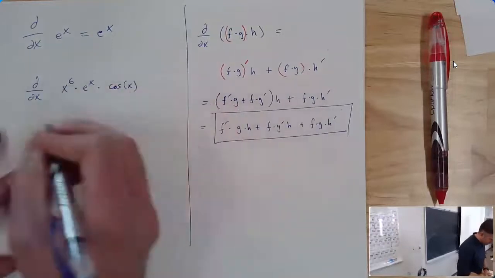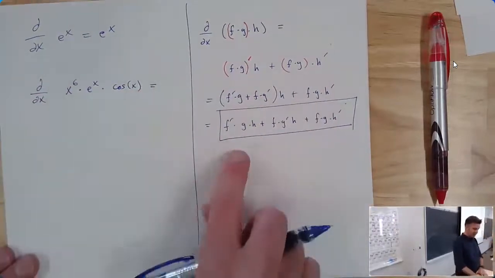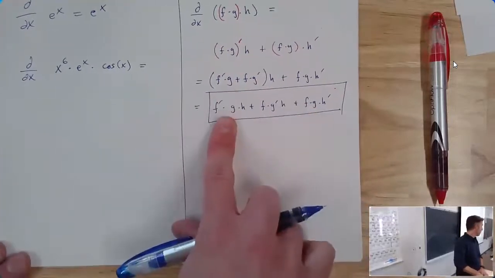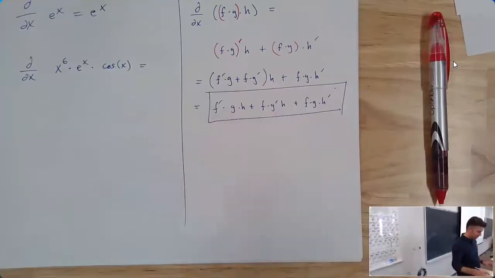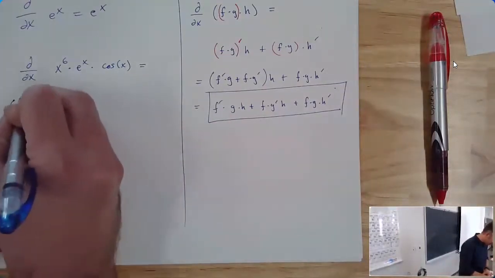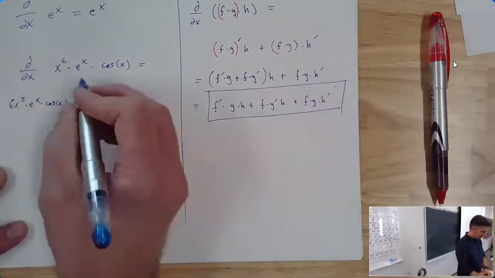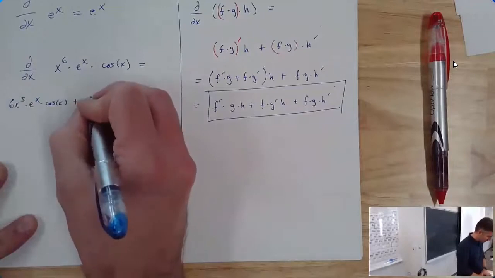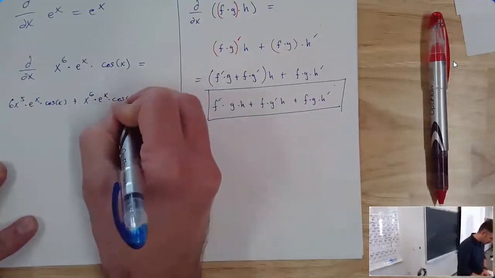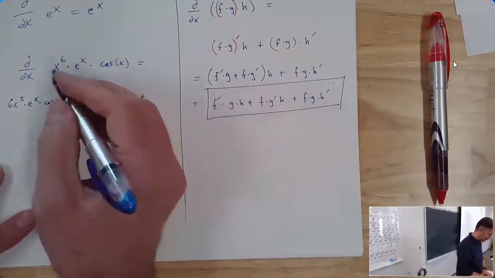When I see this sort of thing, I'm thinking, essentially, I'm going to get three pieces, and in each piece, I'm going to get one derivative and the other two left alone. So I'm going to get the derivative of x to the sixth times the other two pieces, plus the derivative of e to the x, which is e to the x, times the other two pieces, plus the derivative of cosine of x times the other two pieces.